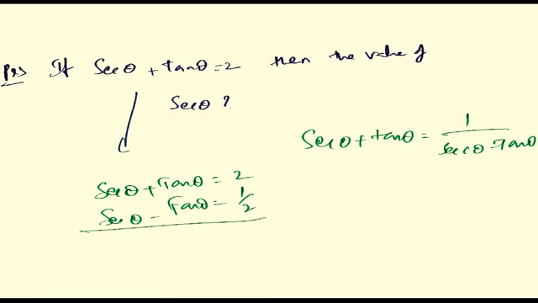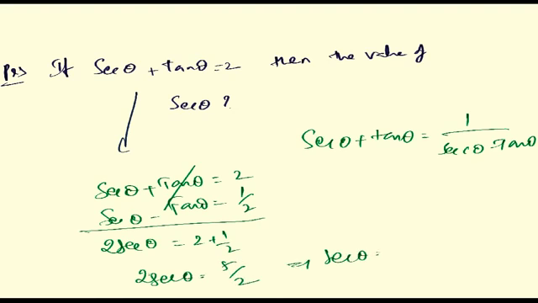If you want to find the value of secant theta, just add up, so that it will become 2 secant theta is equal to 2 plus 1 by 2. That is nothing but 2 secant theta is 5 by 2. So you will be getting secant theta is equal to 5 by 4. This is how you answer the question. This is a very simple problem. It's not a big deal in solving this problem.